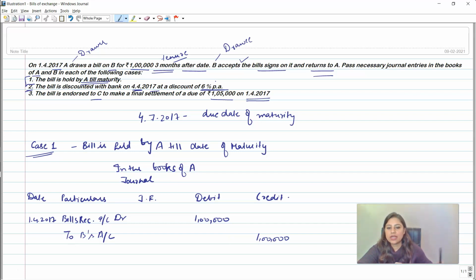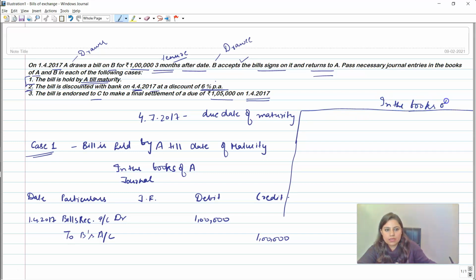So this is the entry passed once the bill has been accepted by B. Simultaneously, what will be the journal entry in the books of B, that is the drawee? Date, particulars, JF, debit and credit.